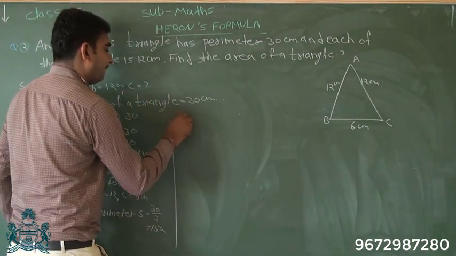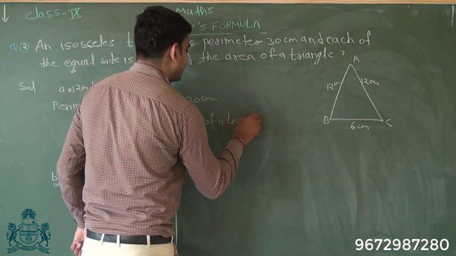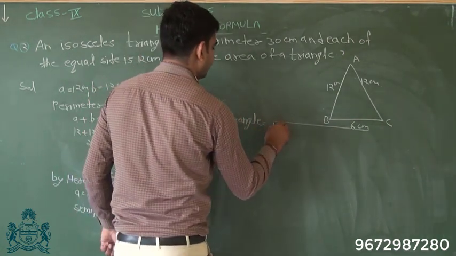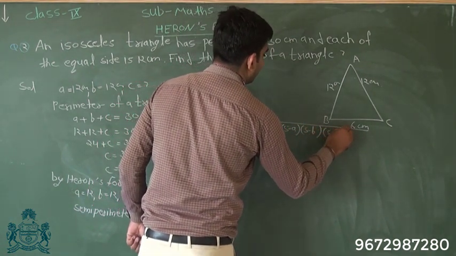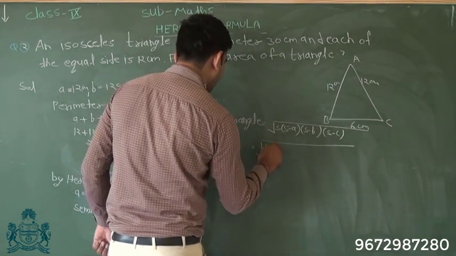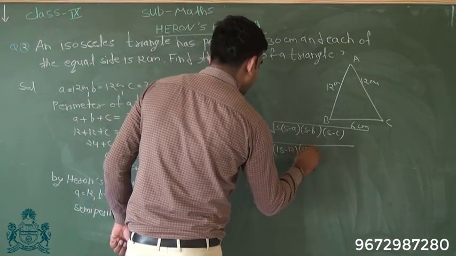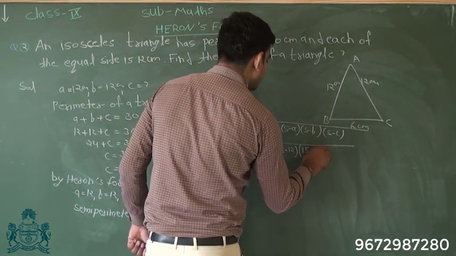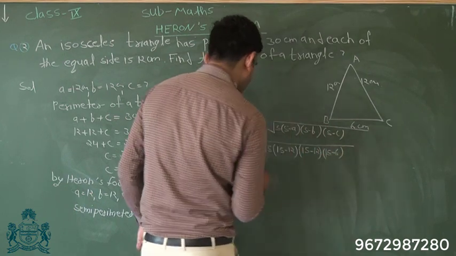The area of the triangle equals under root S, S minus A, S minus B, S minus C. Under root S 15, 15 minus A 12, 15 minus B 12, and third side C equals 6 centimeter, 15 minus 6.